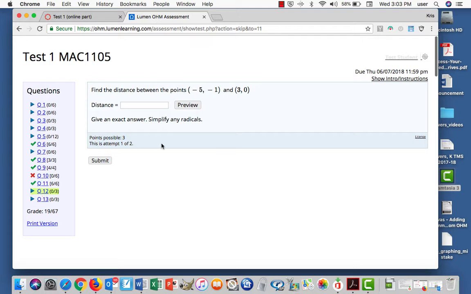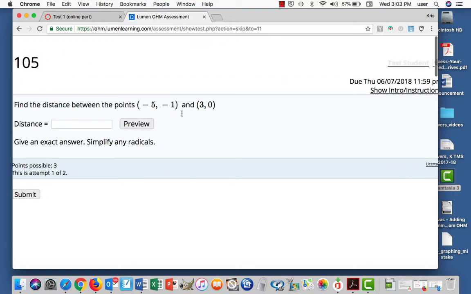All right, this next one, I'm going to miss this one on purpose. The reason I want to miss it on purpose is it comes out to the square root of 65, which doesn't simplify. So you may get one like that. This problem right here, the answer is the square root of 65, and that would be it.